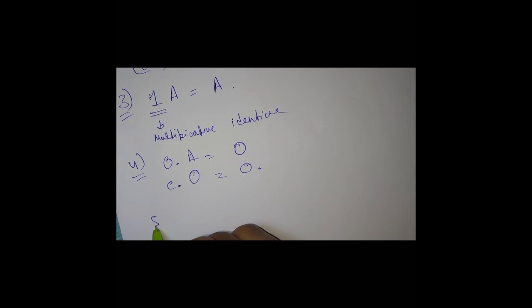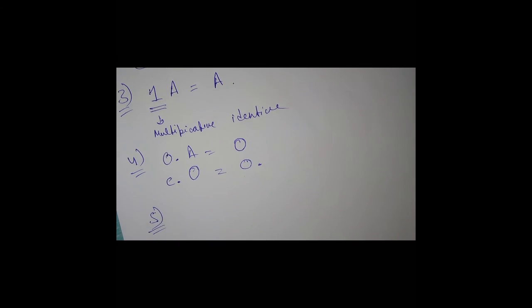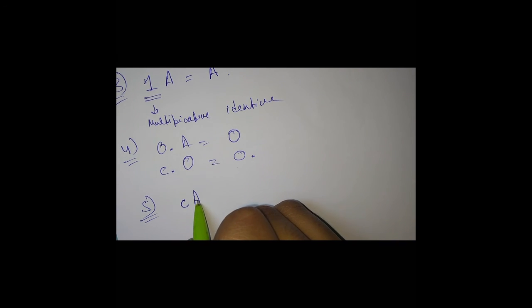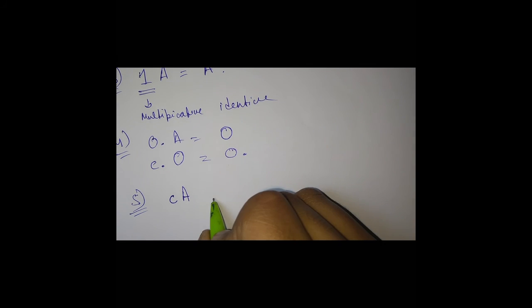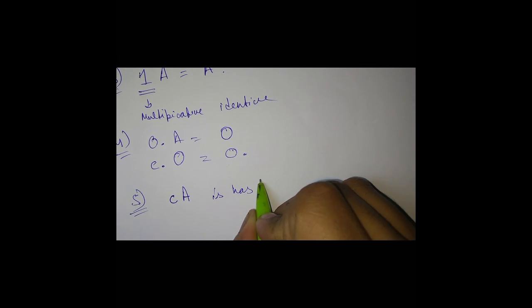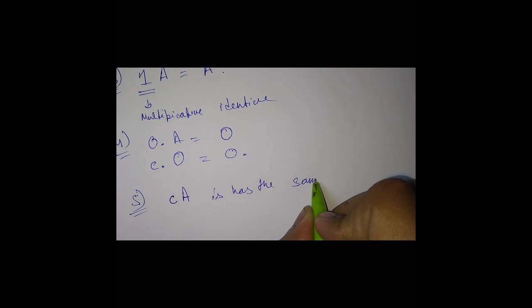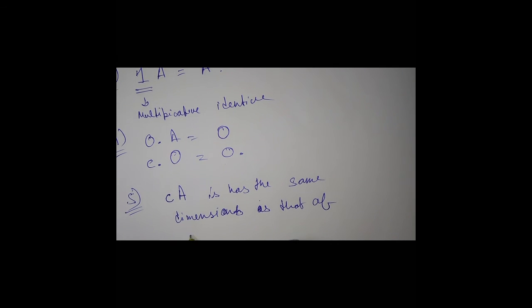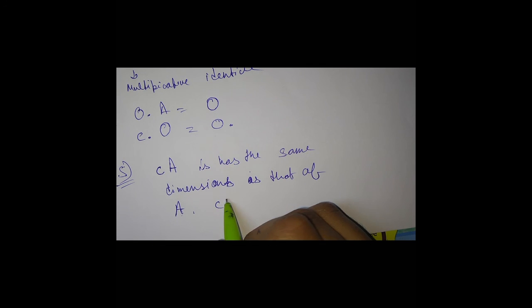Another property of matrix is closure property, where when C, a scalar, is multiplied with a matrix A, it has the same dimensions as that of A. This property is called closure property.